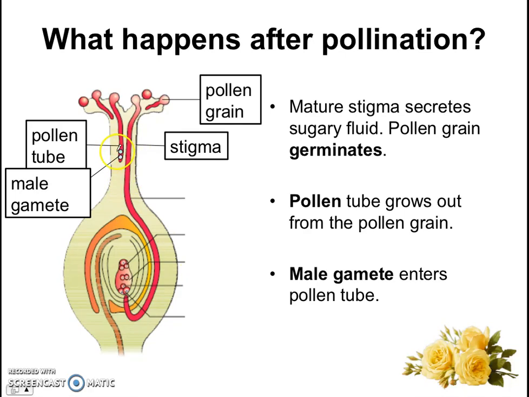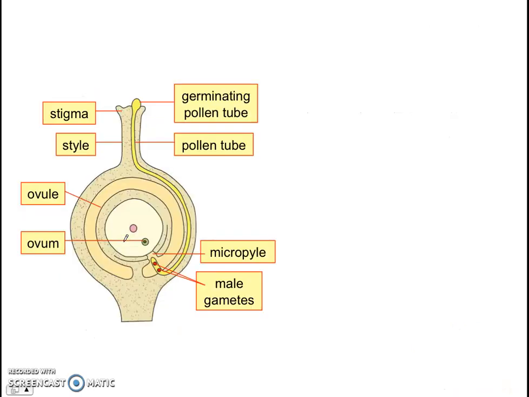Now notice that inside the pollen tube, you see these two little dots here. These represent the male nucleus, the male gametes. So inside the pollen tube, the male gametes will move down the pollen tube, and eventually they will reach the ovule. Let's take a closer look. Here's a different diagram that shows the same thing.